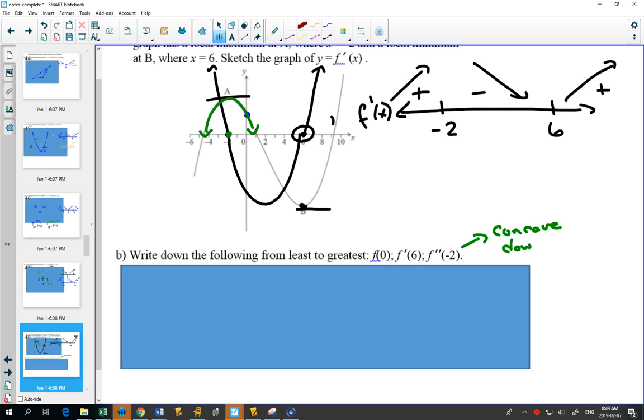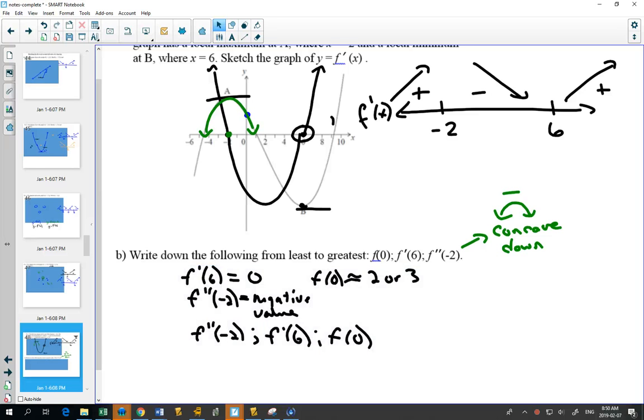Can you see at negative 2 it's concave down? If at negative 2 it's concave down, we drew the cyclops. I don't know what value it is, but I know for sure at negative 2 that f double prime will be negative. So that's a negative value.